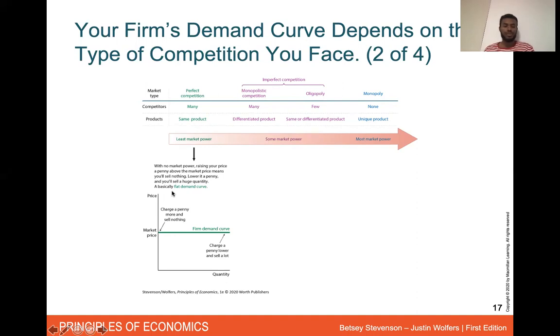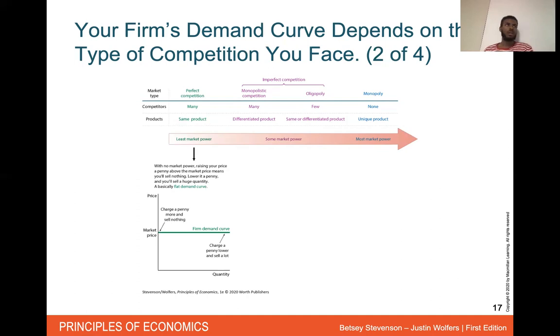And it makes sense. If you have perfect competition, there's a bunch of firms selling the exact same product at the market price, you wouldn't be able to charge any amount higher than the market price, because the second you do, all your buyers are going to leave and go to the market price firms.